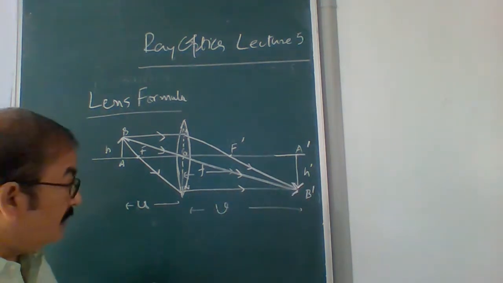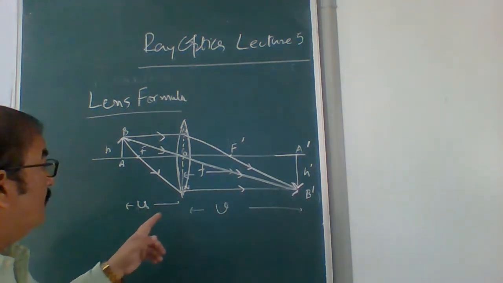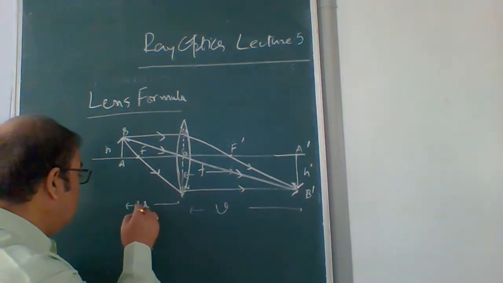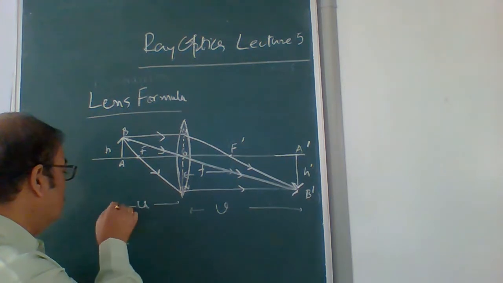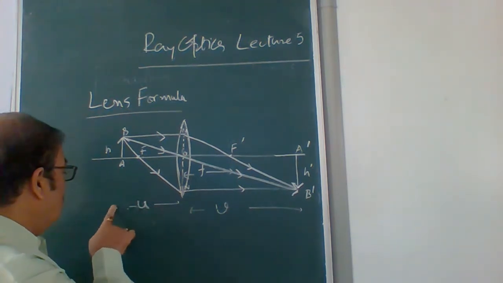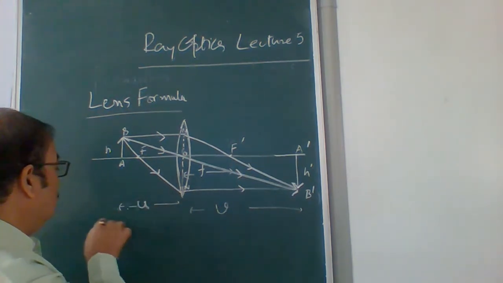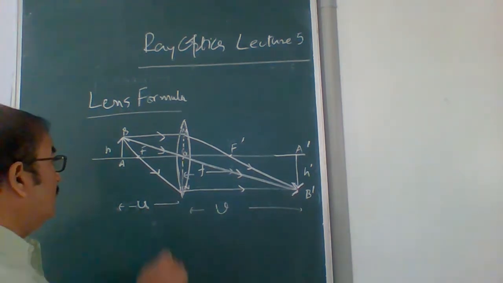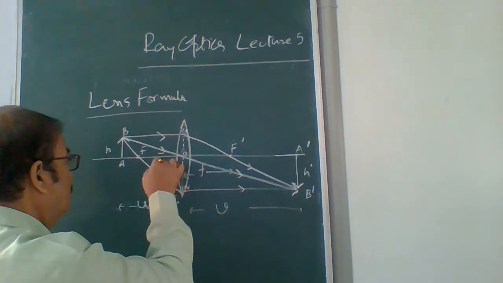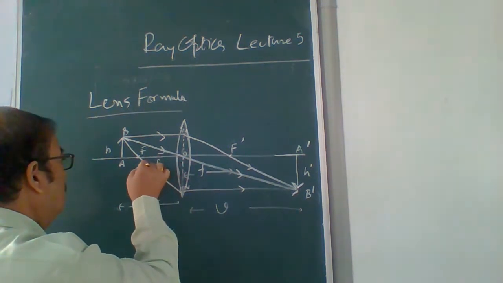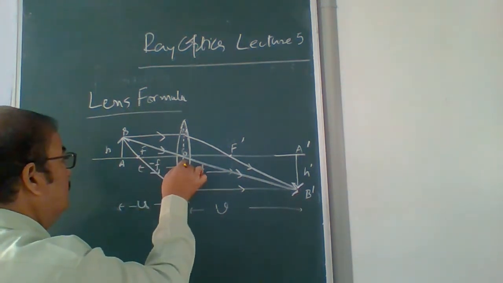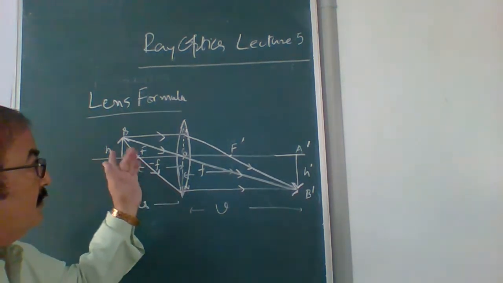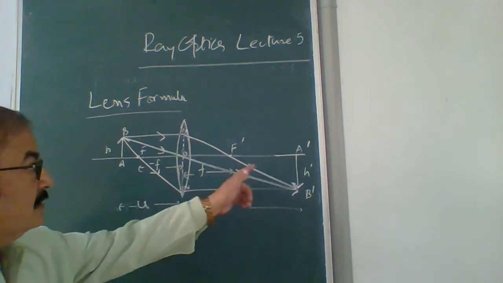Clear? इतना आ गया. अब distance from optical center to this is your small u, and we take it minus u. इसको minus u से लिखते because of your sign convention, and this focal length is also equal to minus f, again because of the sign convention. Clear? Now you can see we can take the similar thing here.